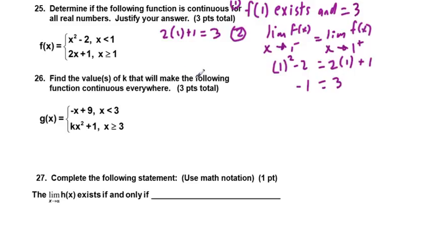So we say the limit as x approaches 1 of f of x does not exist, dot, dot, dot, f of x is not continuous at x equals 1.